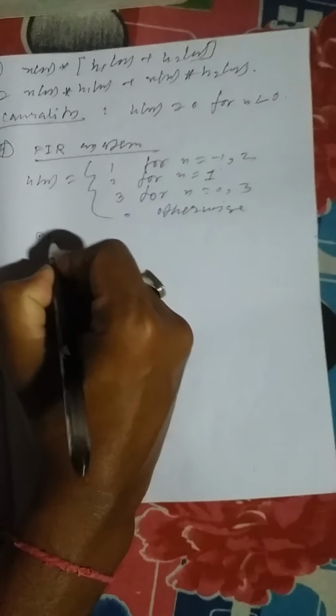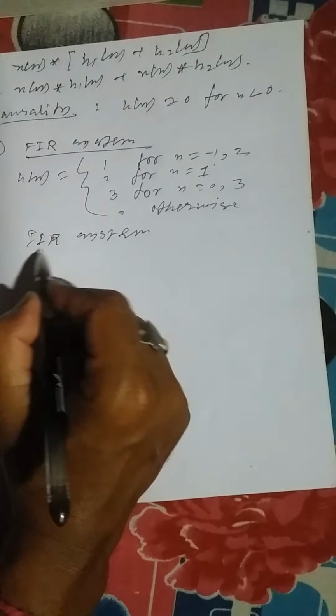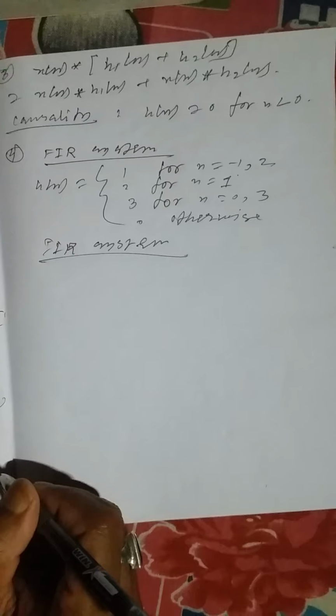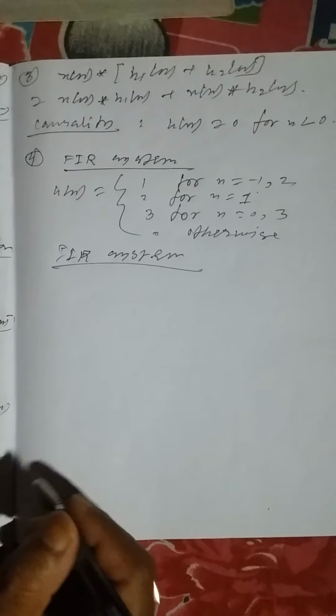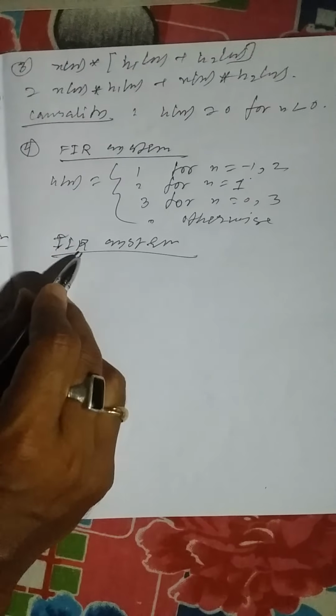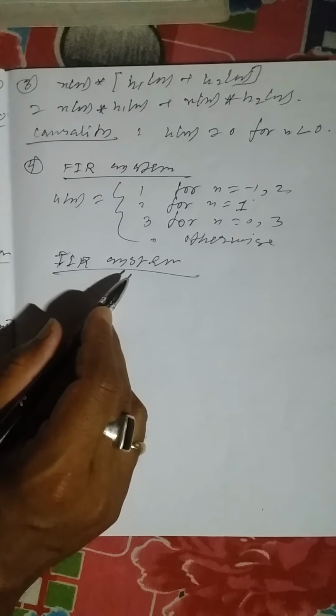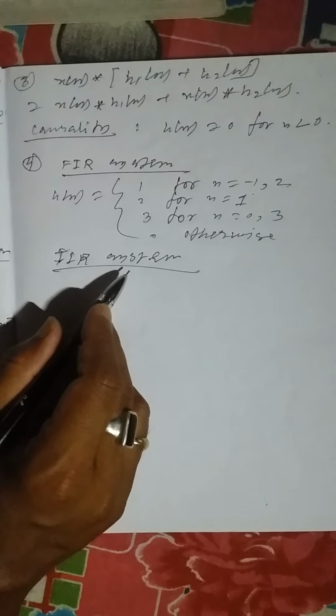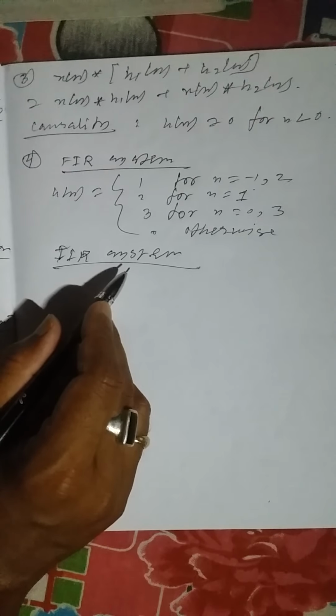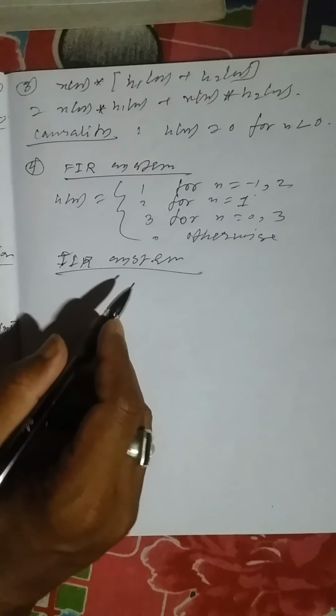Now the IIR system. The full form of IIR is infinite impulse response. An infinite impulse response system has an impulse response of infinite duration.